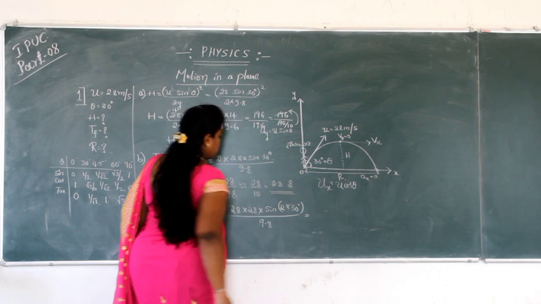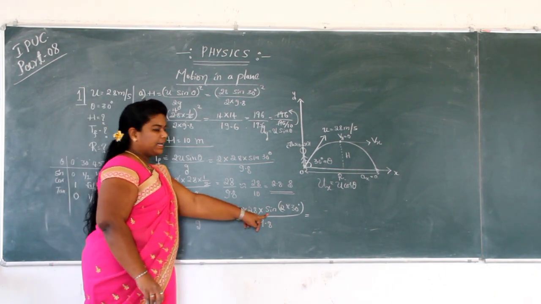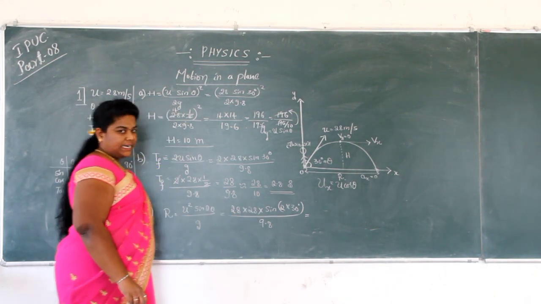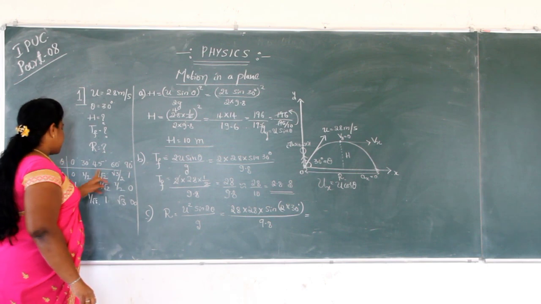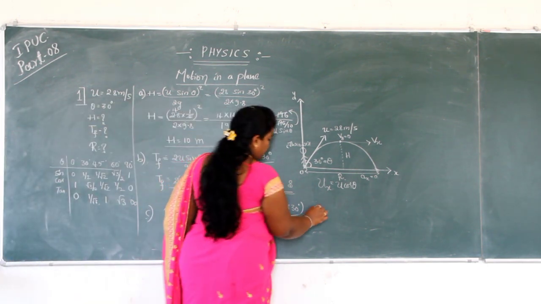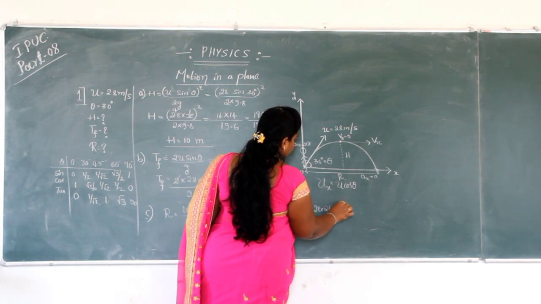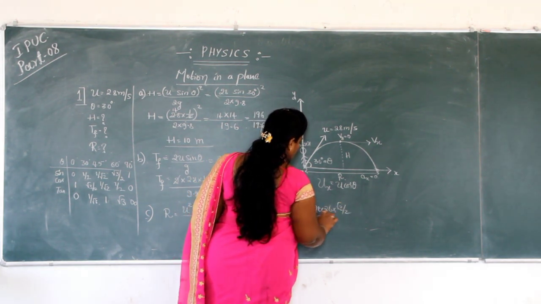So which is equal to, see here 30 into 2 becomes 60 alva, sine 60 degree. What is the value of sine 60 degree? Root 3 by 2. Substitute 28 into 28 into root 3 by 2, whole divided by 9.8.